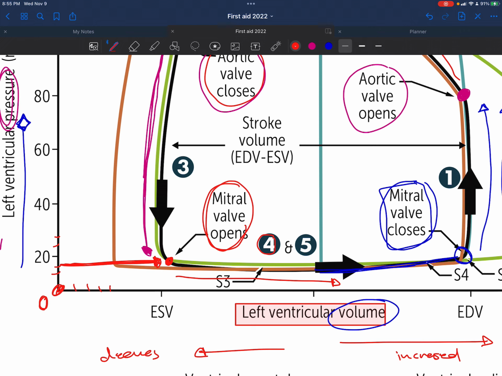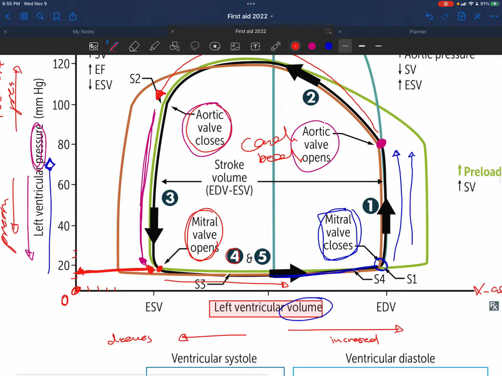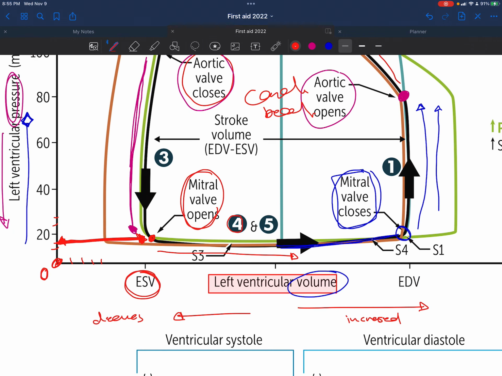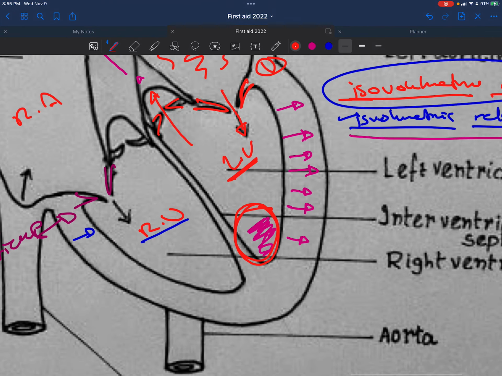It does not go when the heart does its cardiac beat, so it stays within the heart, okay? It is called end systolic volume, and here it is. This is how it's represented, because it is the volume of the blood that stays in the heart after the end of systole.